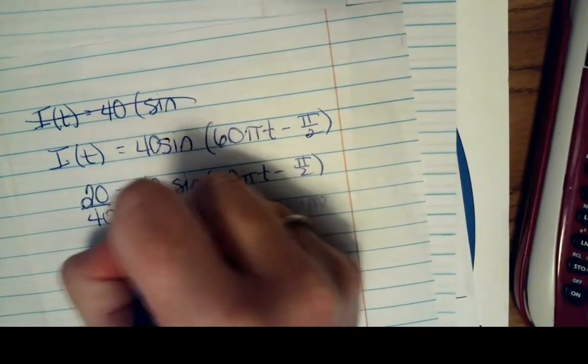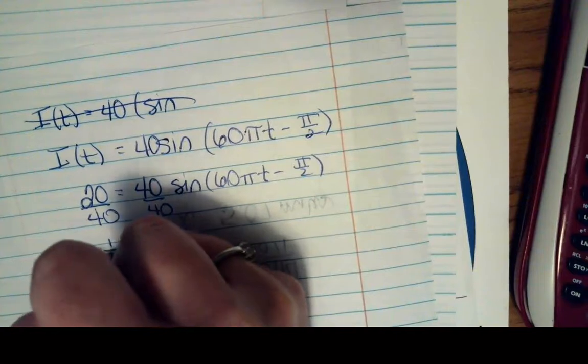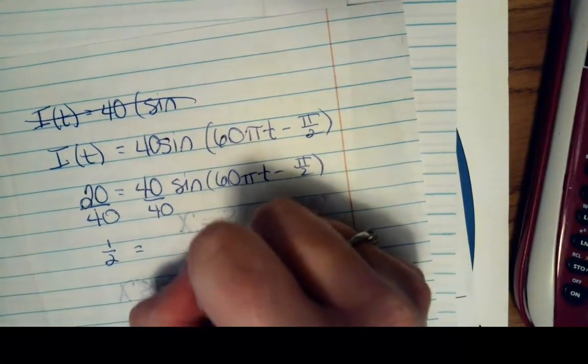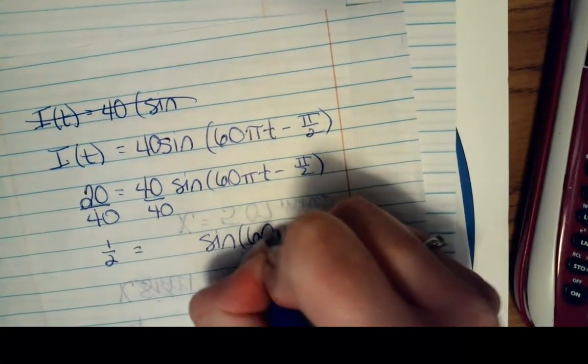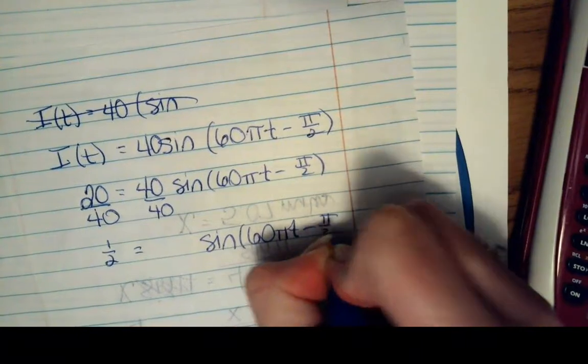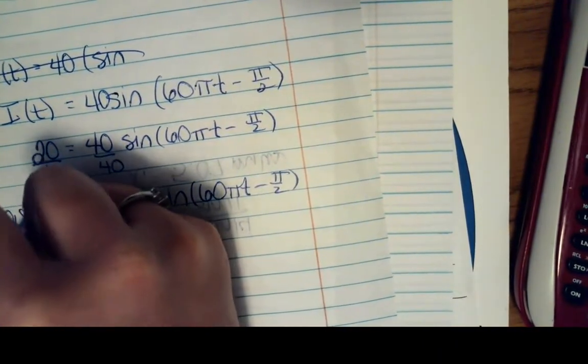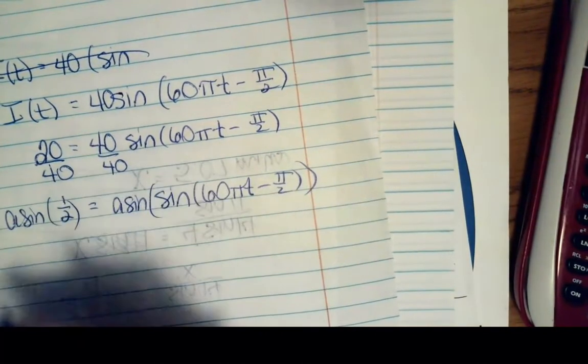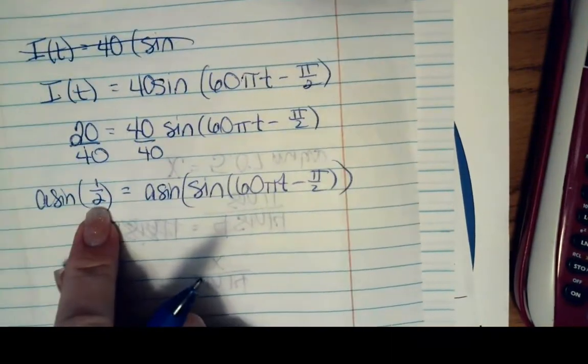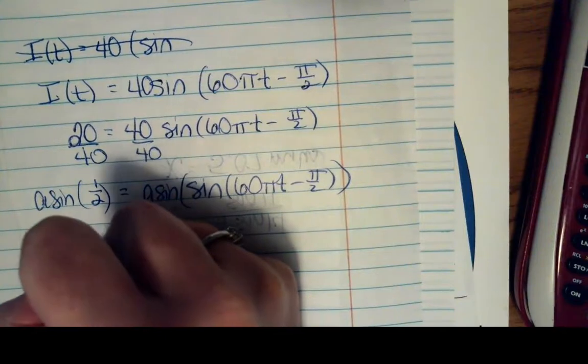So I'm going to divide both sides by 40. So I get 1/2 is the sine of 60 pi t minus pi over 2. So I'm going to take the arc sine of both sides. So the arc sine of 1/2 is going to be pi over 6.